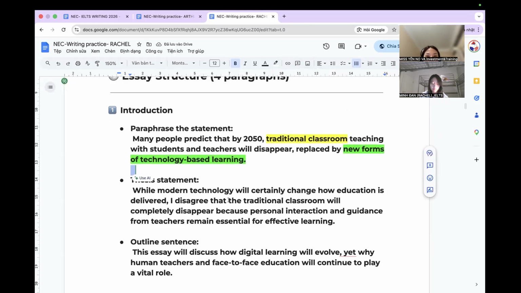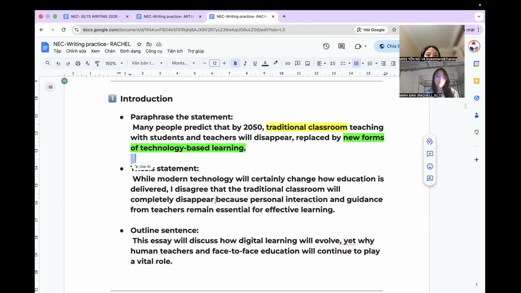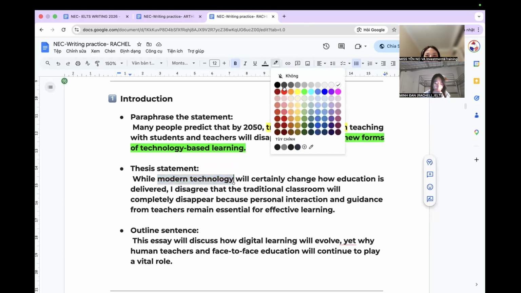So if you agree with that or disagree, I think most people will disagree because we need face-to-face interaction with the teacher in order to have a collective conversation. So maybe modern technology can influence education.